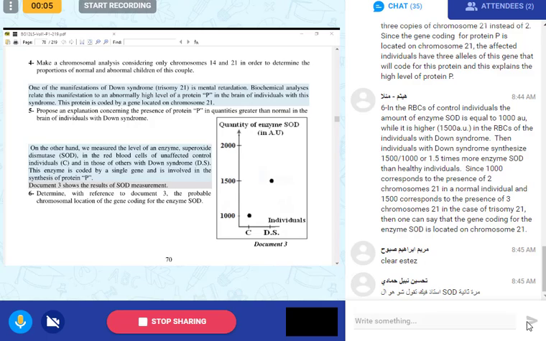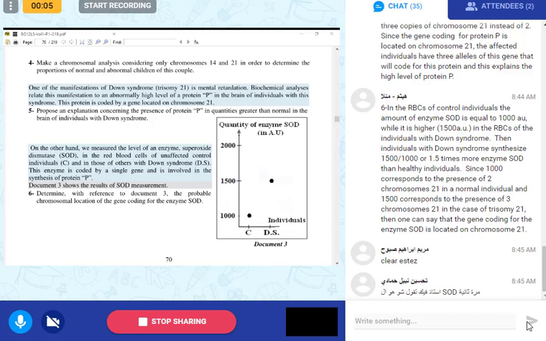The SOD, Tahsin, is an enzyme that helps to make protein P in the brain. It is found in the red blood cells. In a normal individual, you have 1000 AU, while in the person with Down syndrome, you have 1500, which is 1.5 times more.